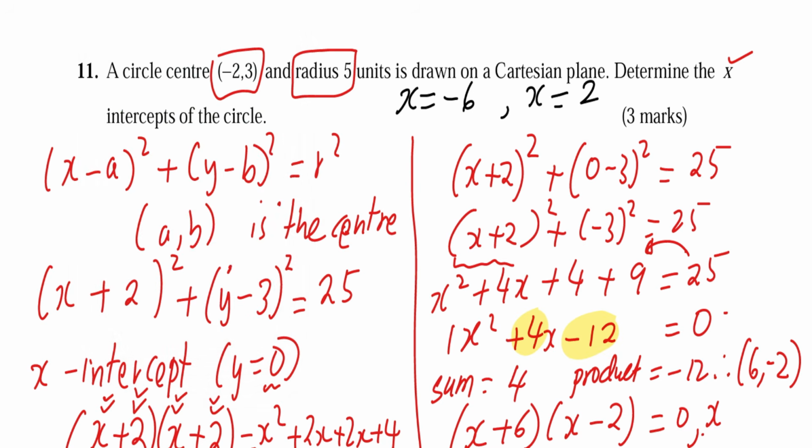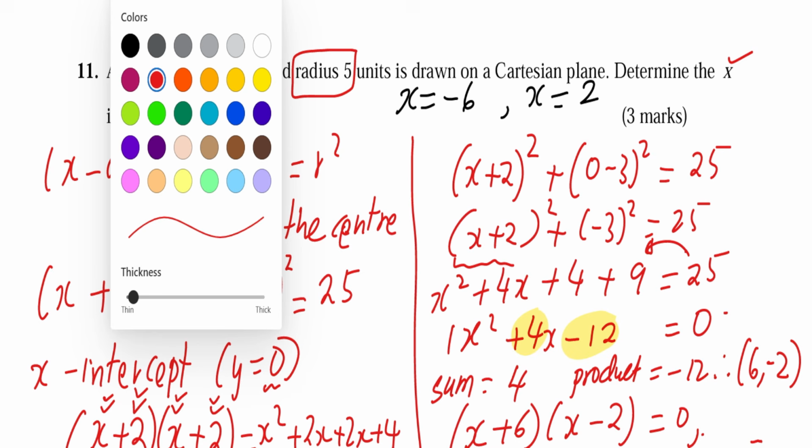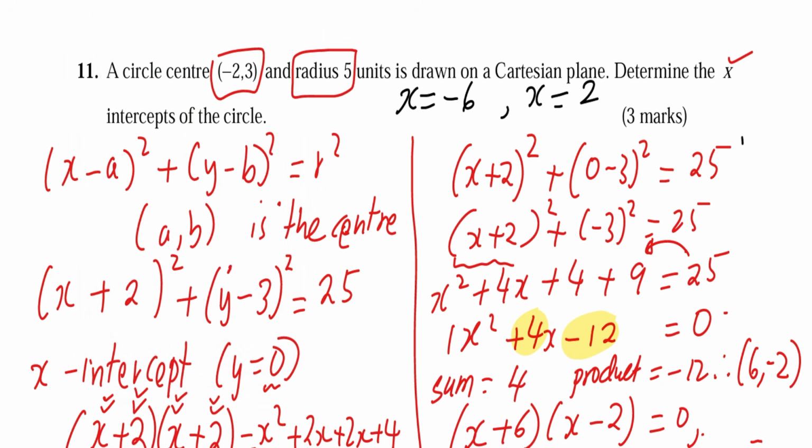So we'll either have x to be, sorry for that, let me write using a black pen so that it can be seen. You either have x to be negative 6 or x to be 2.